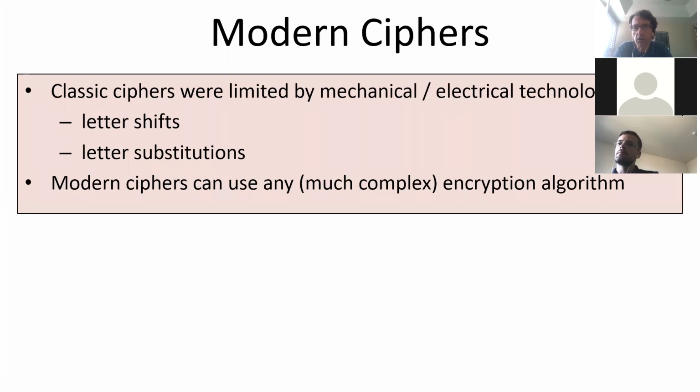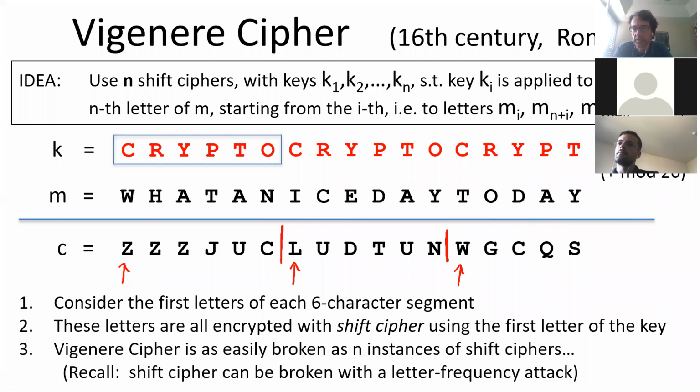Now, modern ciphers. So why these primitive ciphers? Because people were able to execute them with pen and paper. They could write a code name, and then whenever they wrote what they wanted to send, they could write it in this way and apply the cipher sort of in their head, or seeing the alphabet letters written somewhere to aid.